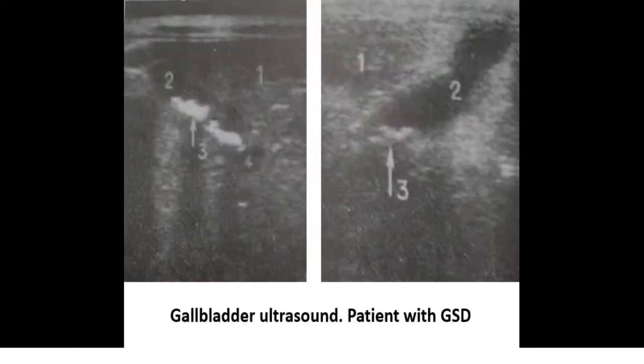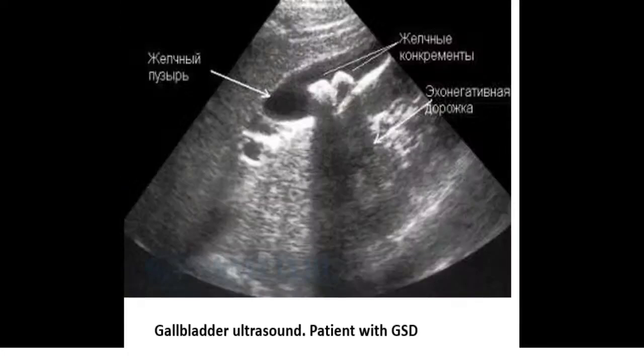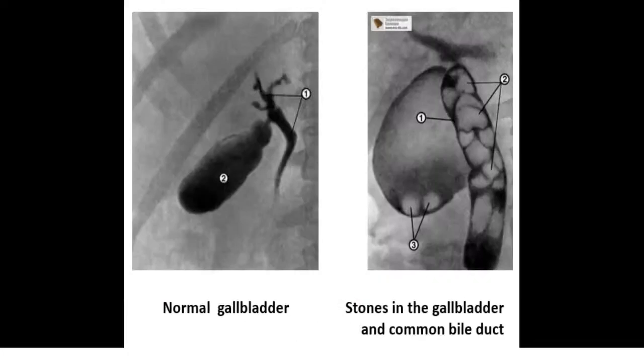Here is an ultrasound examination, and we can see a stone in the gallbladder. Here is also a stone in the gallbladder. Here is a stone in the bile duct. This is a normal gallbladder.